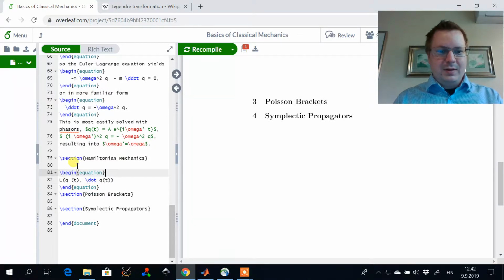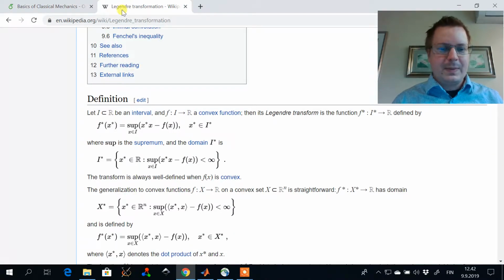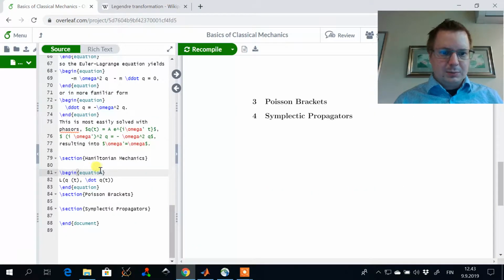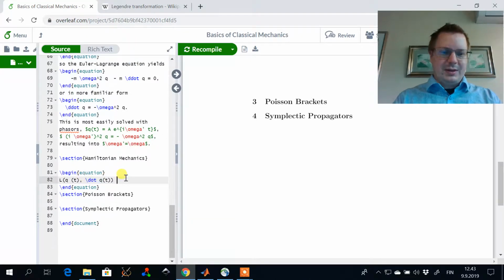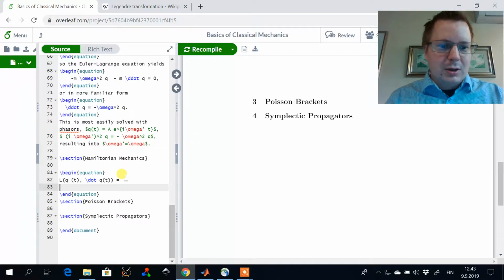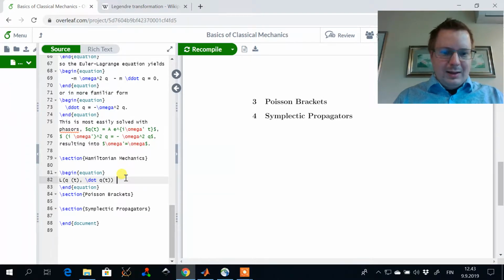And how you define the Legendre transformation is that you find the supremum of the transformed quantity times the variable minus f of the variable. So we will do the Legendre transformation with respect to the time derivative in order to get rid of that.